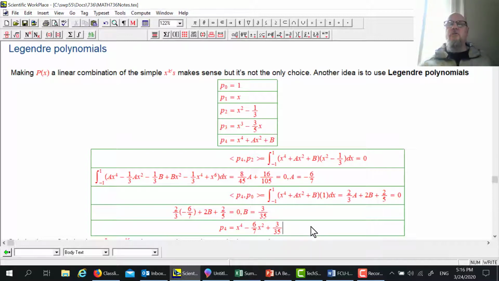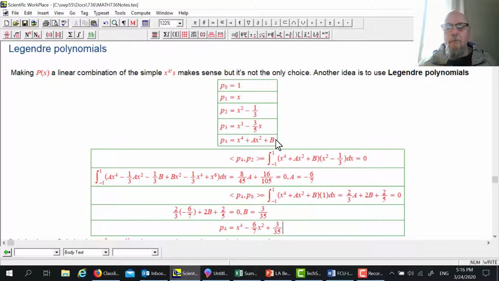Now that might look different from the polynomial that you look up, because some people don't make their leading coefficients 1. Some people would write this as 3x squared minus 1, let's say. It's still going to be perpendicular to the other ones, but mine are not unit polynomials.